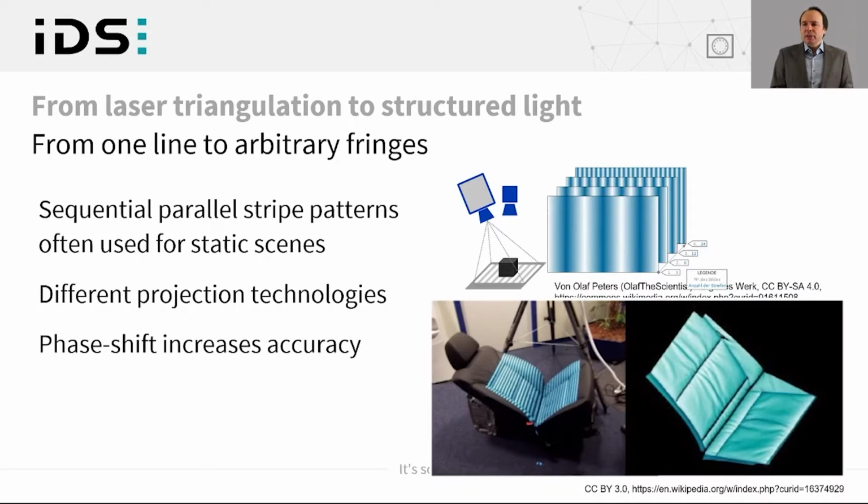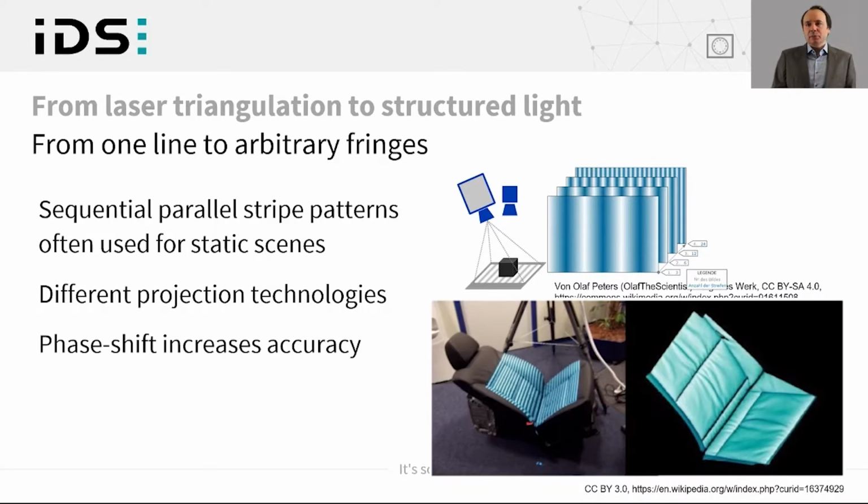However, this will still give you only a limited or sparse coverage when you use several lines. So what you typically do in this setup is you sequentially take on several patterns, and you decrease or increase the spatial frequency of the, in this visualized case here, stripe patterns.